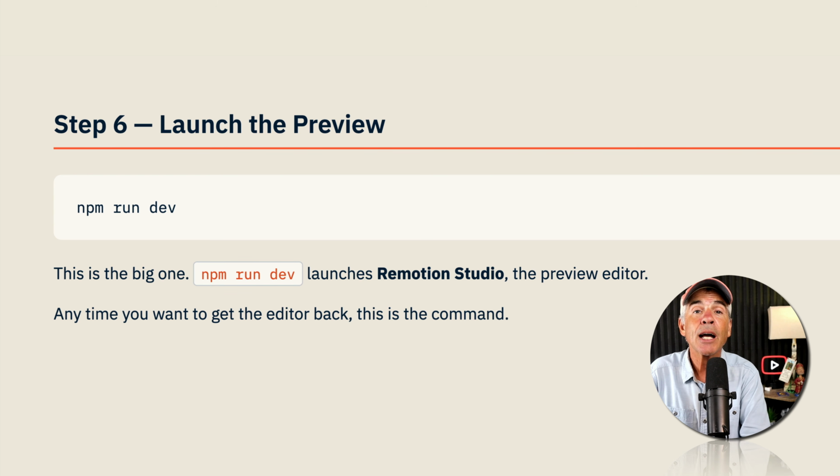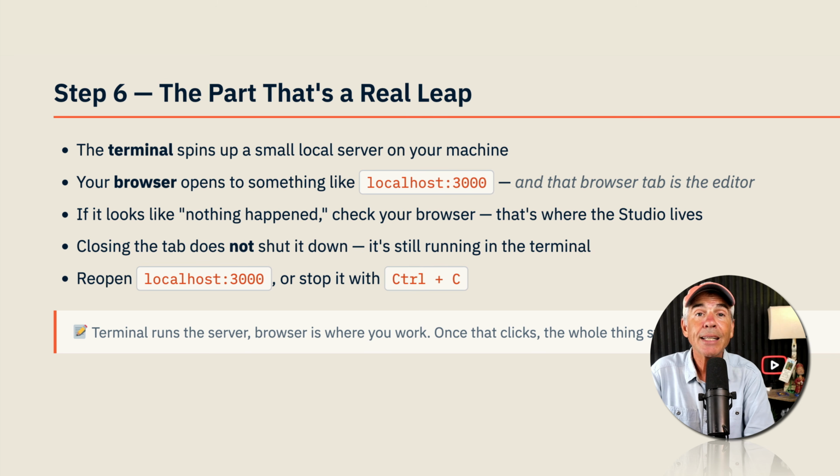And now it's time for the fun part where we launch the Remotion Studio. This is a video editor that the terminal spins up locally in the browser. So it looks just like a video editor in the browser, but it's actually on localhost, so it's only on your computer.